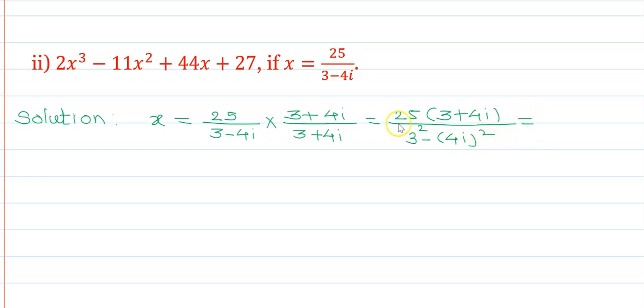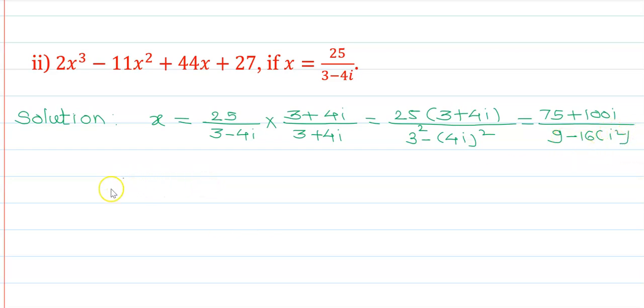Okay. After the multiplication, here you will get 75 plus 25 into 4, 100i, divided by 3 square means what? 9 minus 4 square 16, i square. Okay, i square.